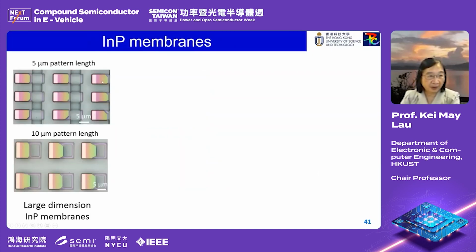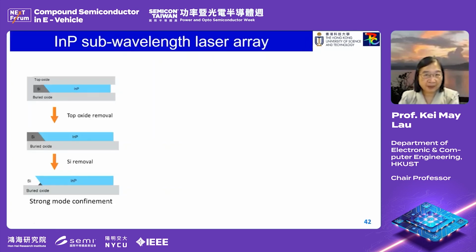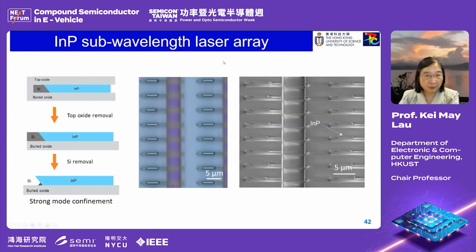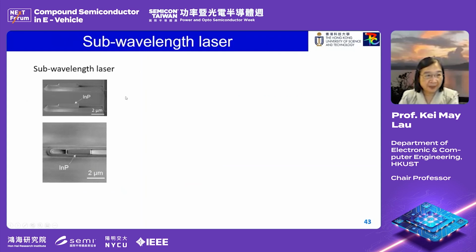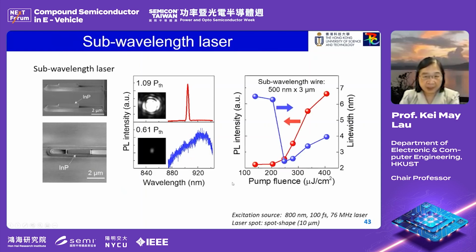For larger dimensions, we make 5 micron and 10 micron, and we call these indium phosphide membranes, with which we can make a larger size laser. These are the sub-wavelength laser arrays that we have fabricated, and we find lasing in these pure indium phosphide arrays around the 900 nanometer range, optically pumped.